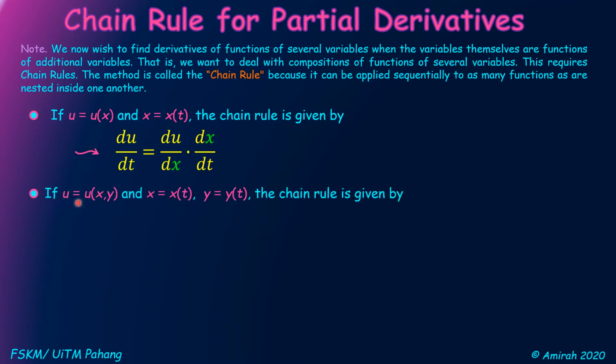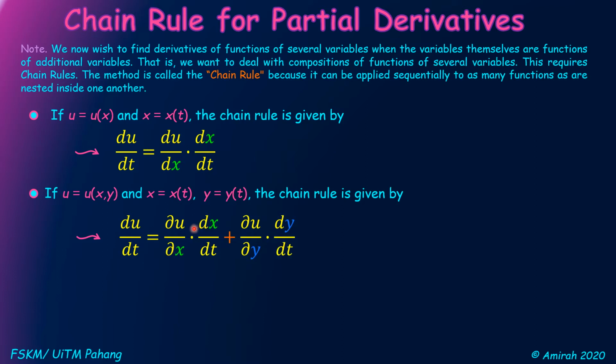If we have u in terms of variables x and y, and x is given in terms of variable t, and y is given in terms of variable t, the chain rule is given by du over dt equals del u over del x times dx over dt plus del u over del y times dy over dt.